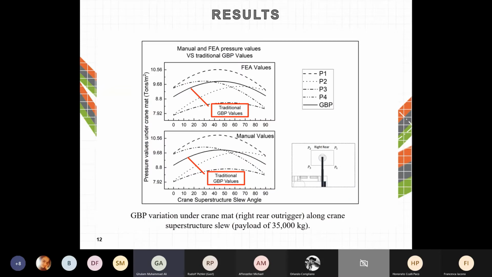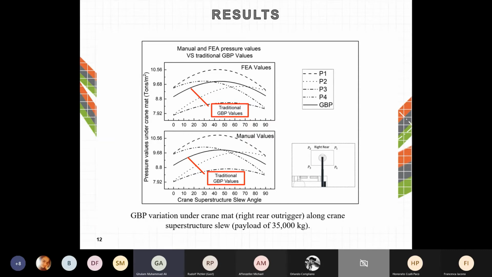These are the results which showed that the line in the center, which is the bold one, is the traditional ground bearing pressure values, the previously used method to calculate the values. And you can see that in the FEA values and the manual values, a few of the corners of the mat are exerting more pressure, which creates a serious concern about the methods used in the industry to calculate the ground bearing pressure.